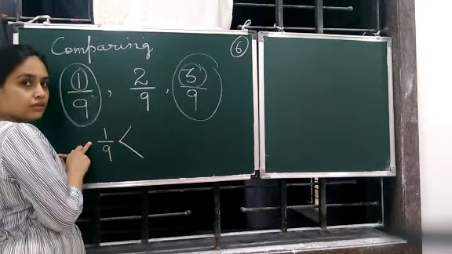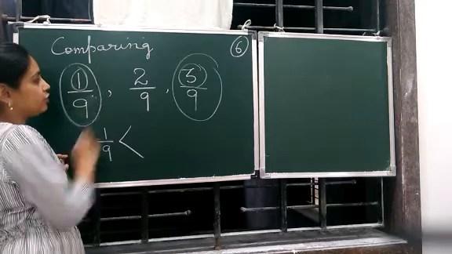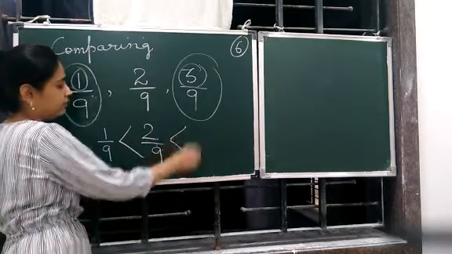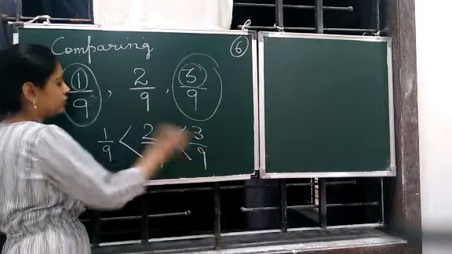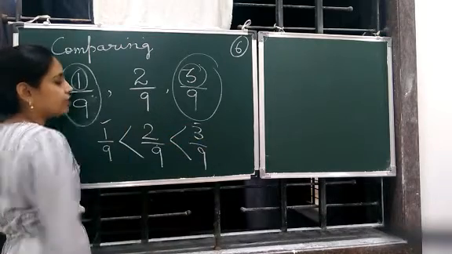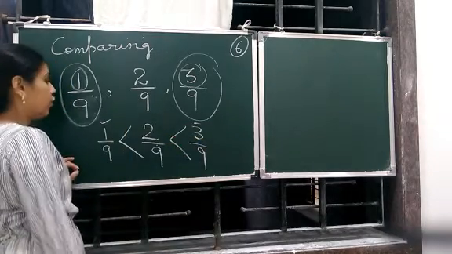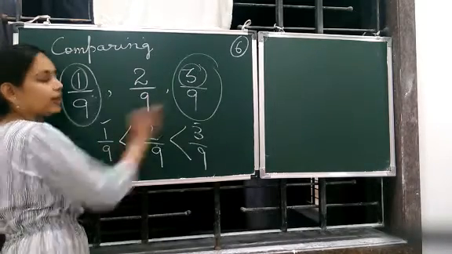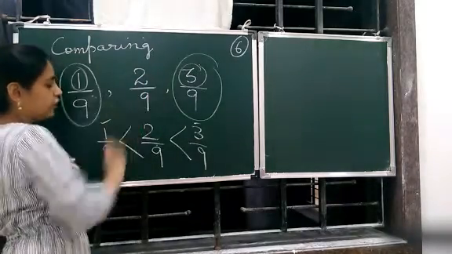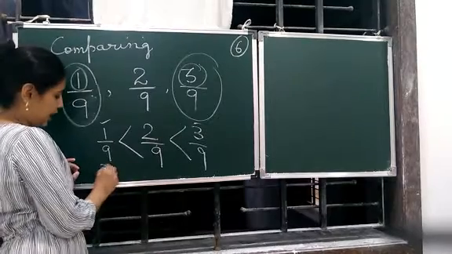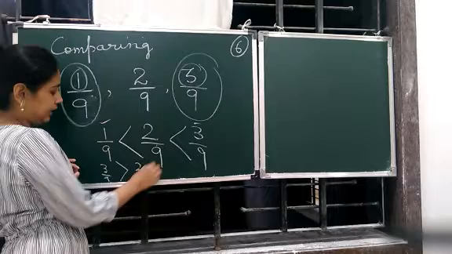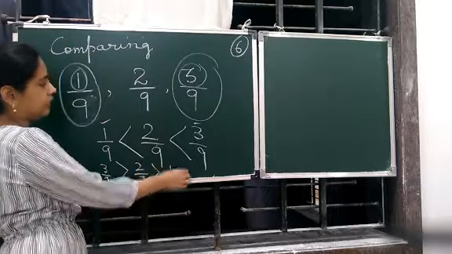This is smaller. Then after that, who is smaller? 2 is smaller than 3. So who is the smallest? 1 by 9. Who is the greatest? 3 by 9. Okay, children. So this is small to big, you can say. Small to big. So this is ascending order, and just opposite of it is your descending order.